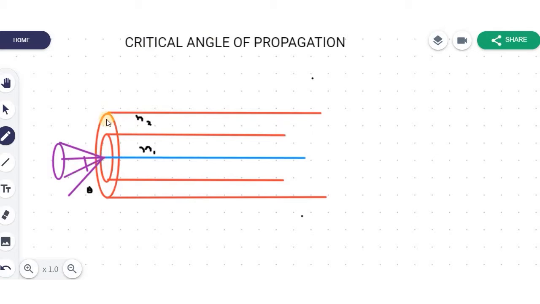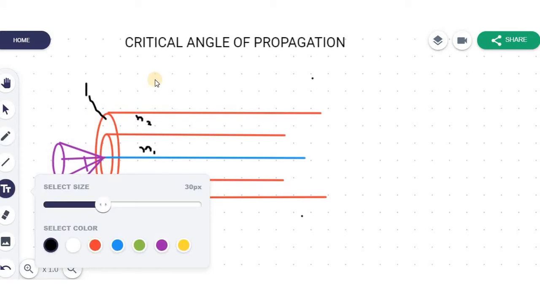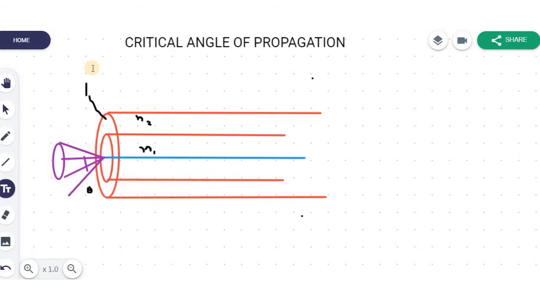The end at which the light enters the fiber is called the launching end. This region is called the launching end.